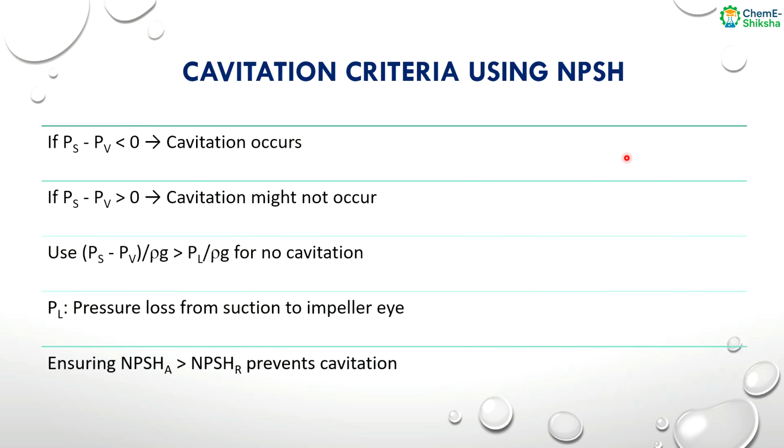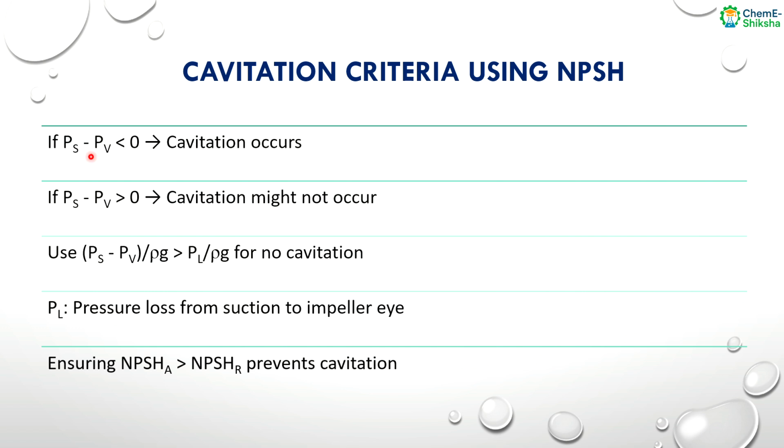So if liquid pressure inside any position of the pump is not less than the vapor pressure, then cavitation will not occur. Now we need to quantify how far the liquid pressure is from the vapor pressure.